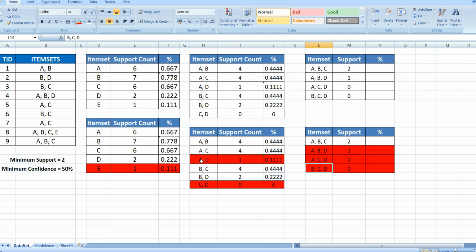A and D, if we go where there is an A and a D, also it means it's not frequent. So we could have just eliminated it without even including it on this table. That's another advantage of the a priori, where it uses its assumptions.